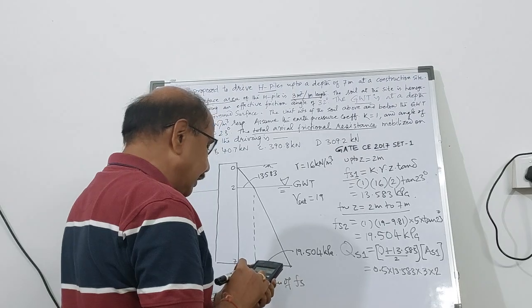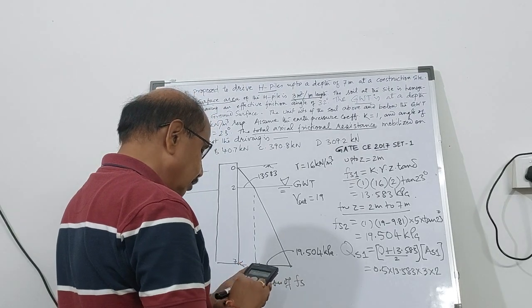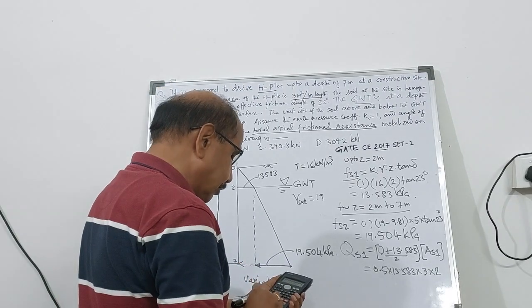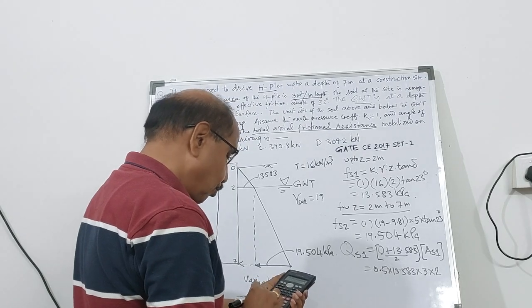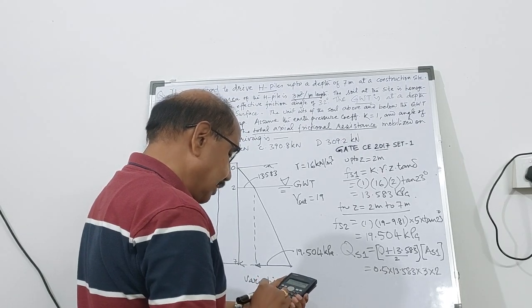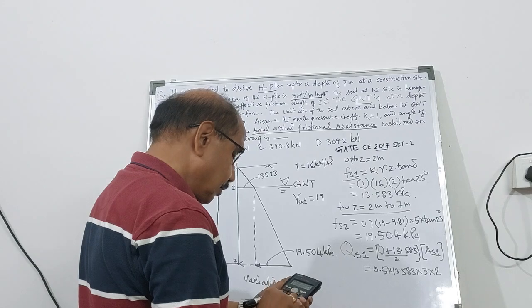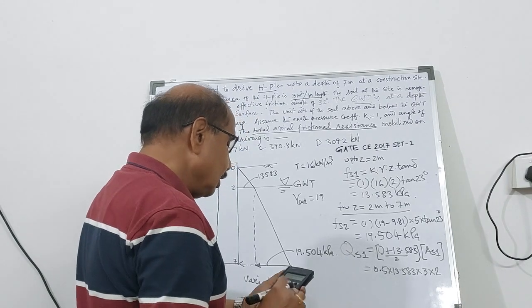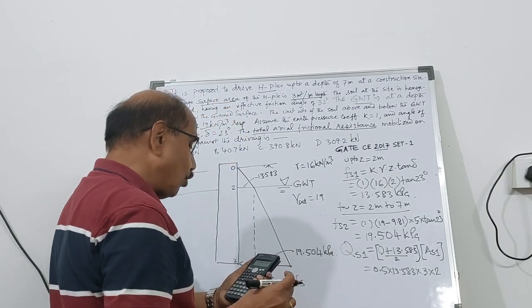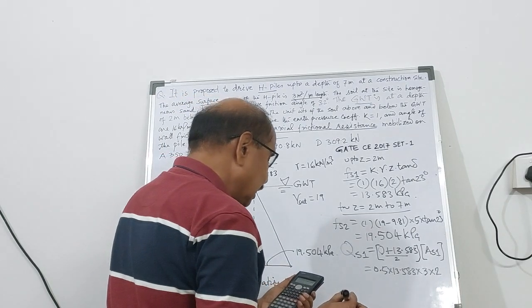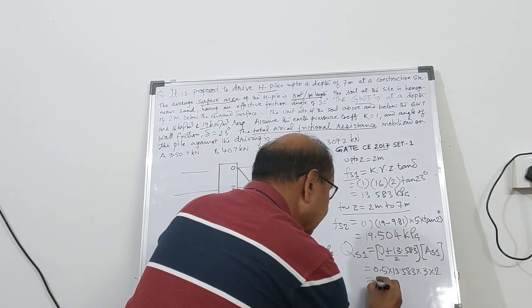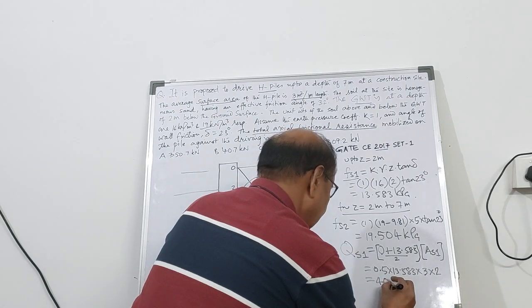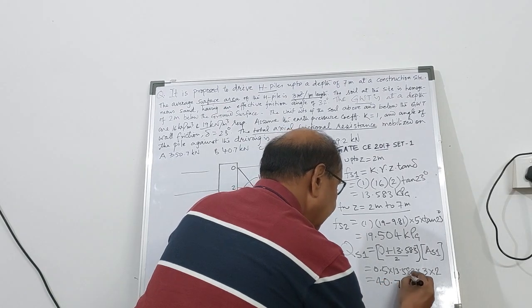So QS1 equals 0.5 multiplied by 13.583 multiplied by 6, which is 40.749, approximately 40.75 kilonewton.